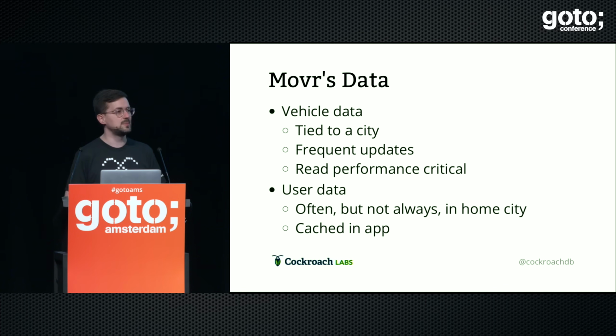This data is also updated generally less frequently than the vehicle data, and it can be cached pretty aggressively in the app because the user is only modifying their own data. There's not as many updates that cross from one user to another. So we'll be talking about different replication strategies for these two types of data as we walk through this example.